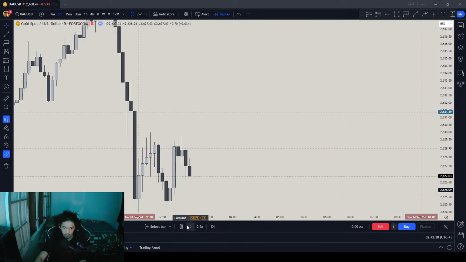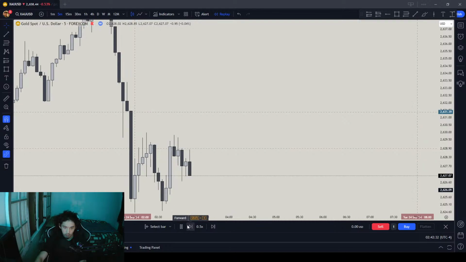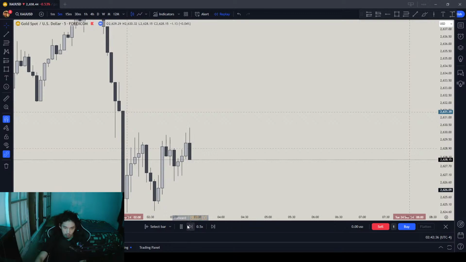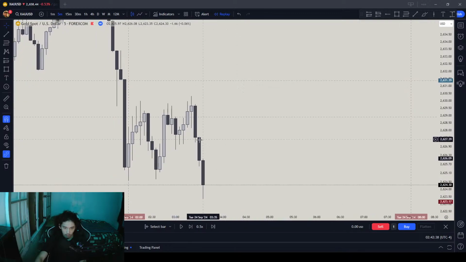Shouldn't have had a setup here. Is there any setups here? So the liquidity, they did give us this, but they keep thinking about that.